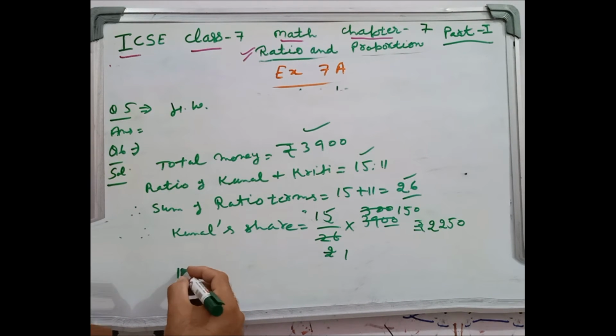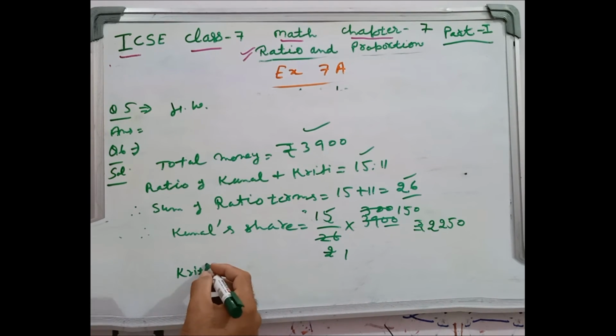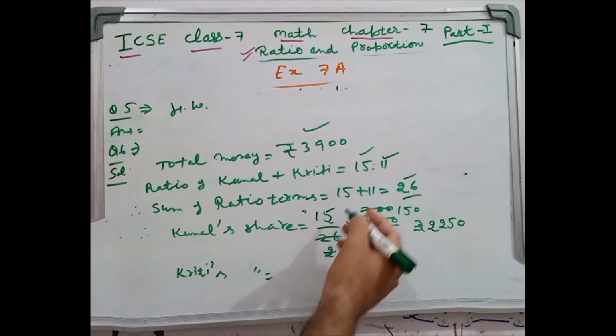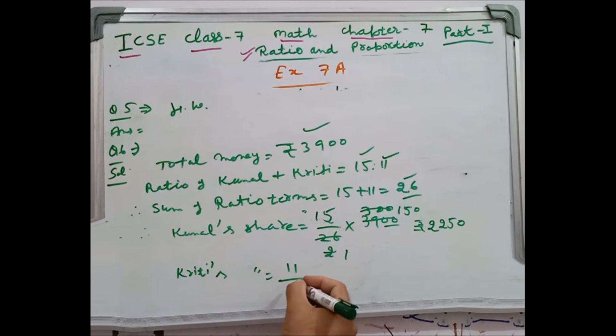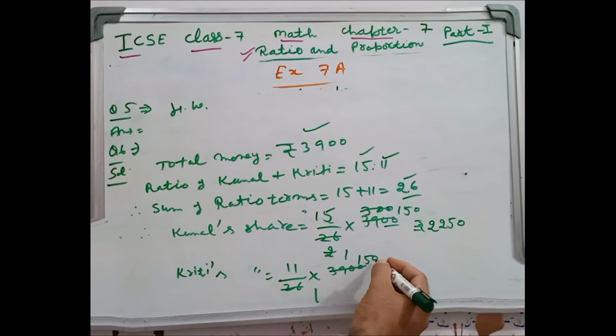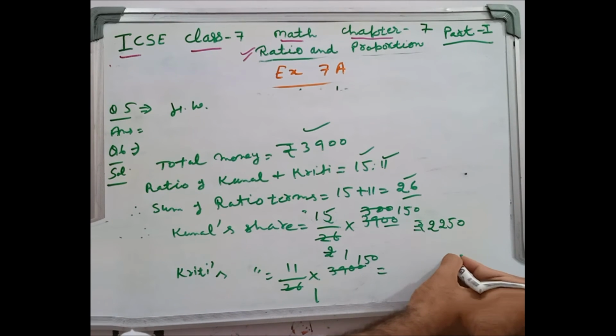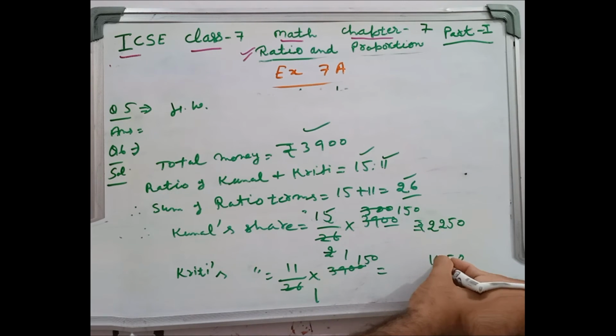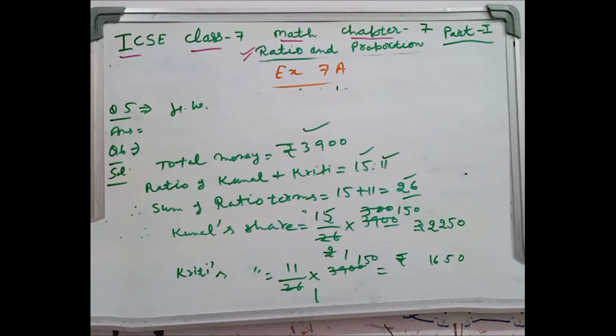In the same way, Preeti's share would be Preeti's ratio 11, upon the sum of terms, times the total money. So we will directly cut it as 150. So 1100, 11 5s are 55, 11 1s are 11, plus 5, 16: rupees 1650.